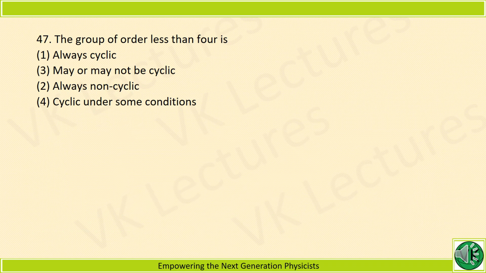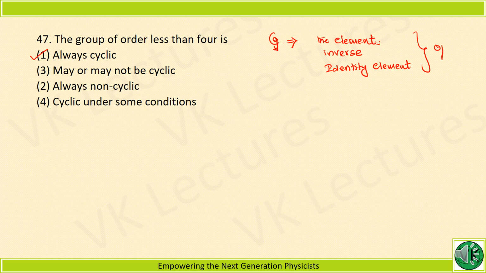Now coming back to the question, a group of order less than 4 is always cyclic, because any group should consist of the element, its inverse, and the identity element, in a given specified operation.